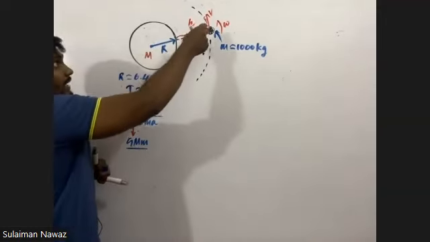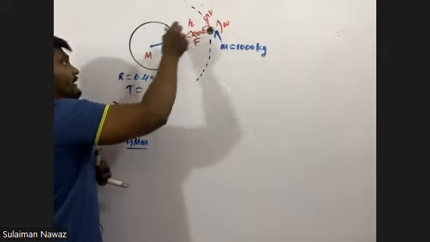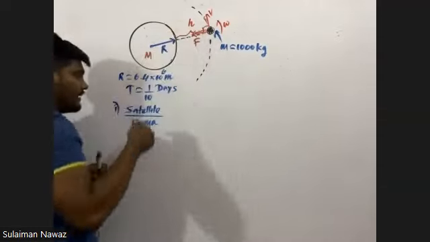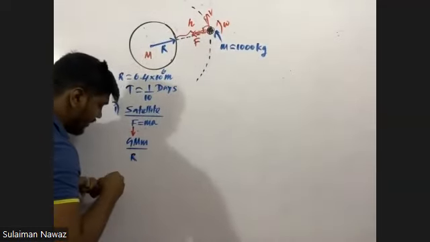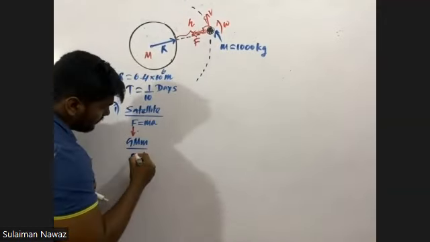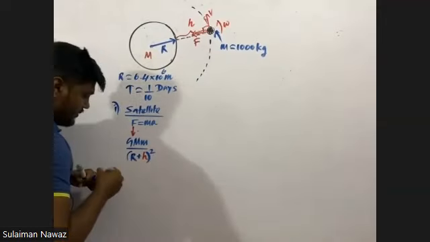What is r? The distance from the center of the earth to the satellite, which is capital R plus small h. So it is G capital M small m over (capital R plus small h) whole squared.